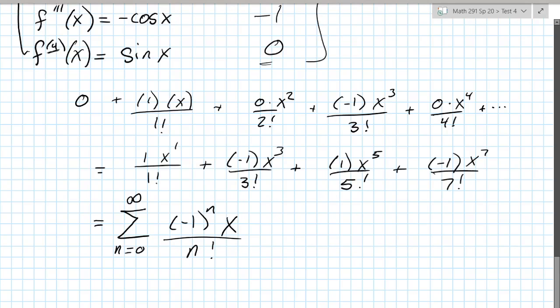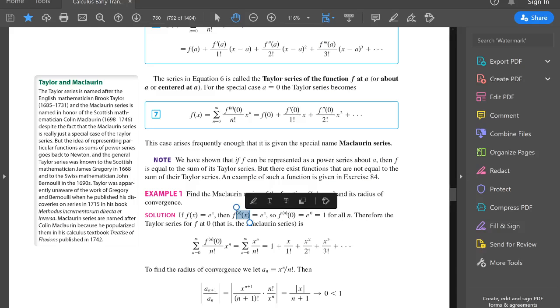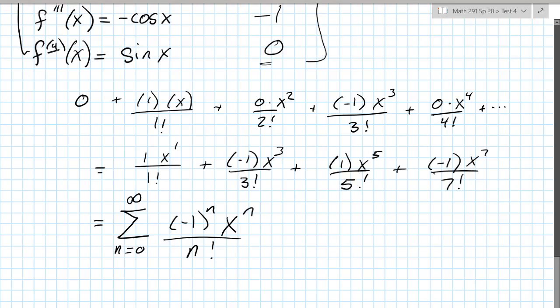Not quite, because if this is to the 0, it would give me a positive coefficient. It would give me x to the 0th, so my exponent is wrong. And then 0 factorial is 1, but I want it to match that.